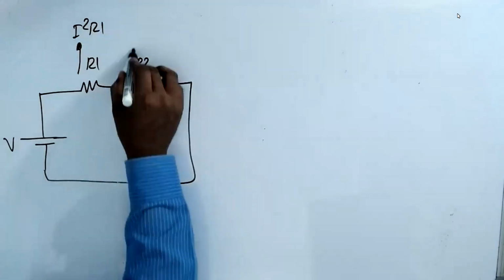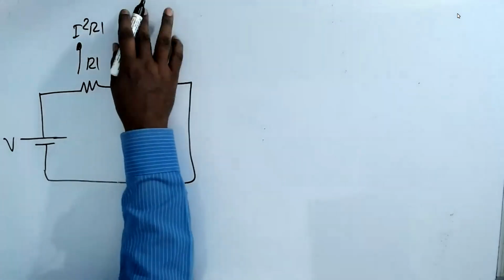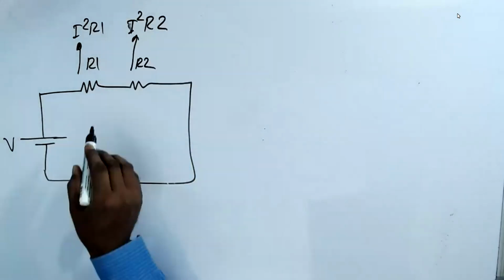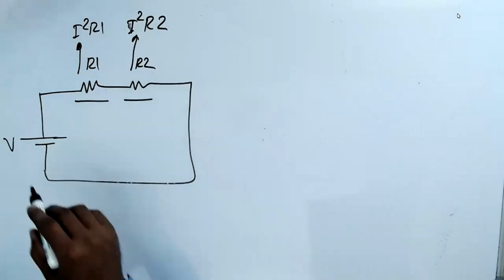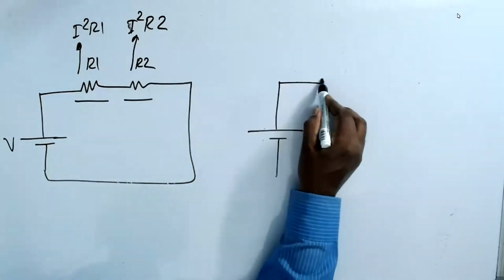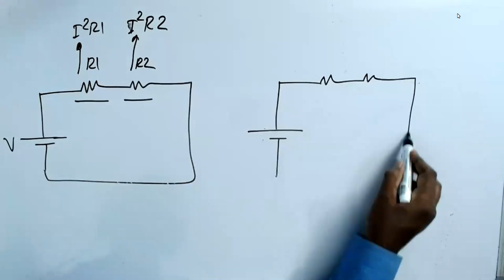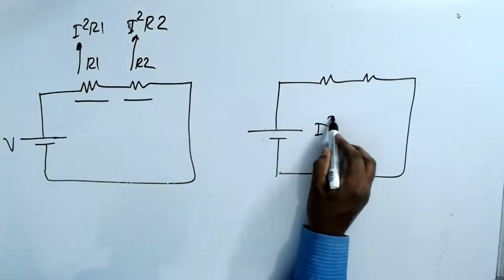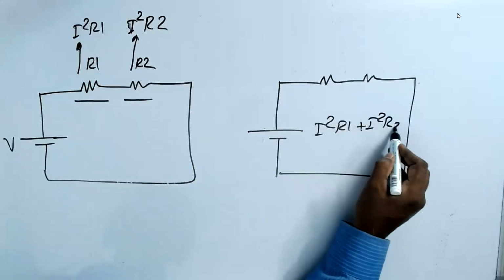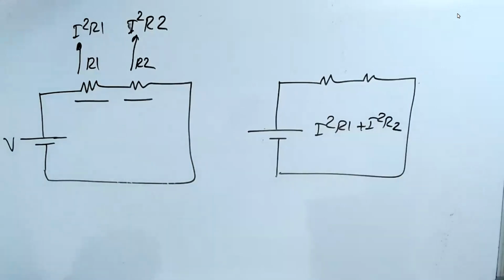The power produced by this is I square R2. So the total power produced by the circuit is I square R1 plus I square R2. Am I right? I square R1 and I square R2.